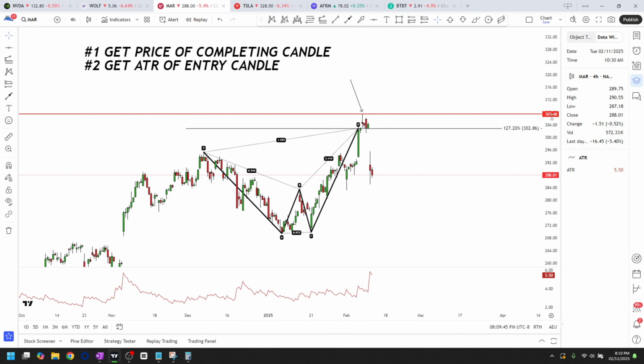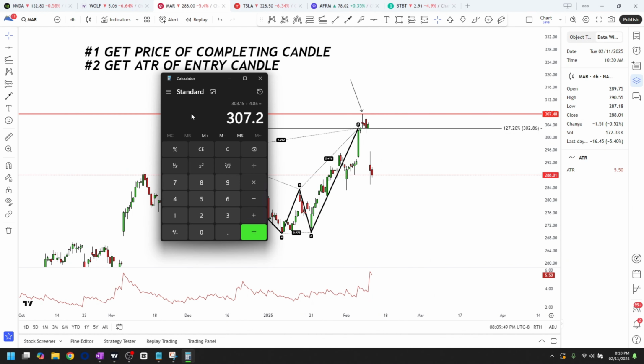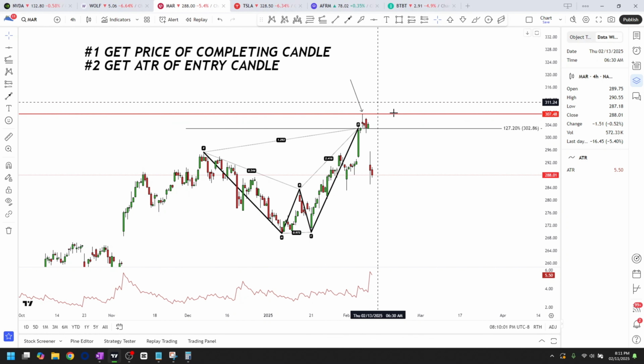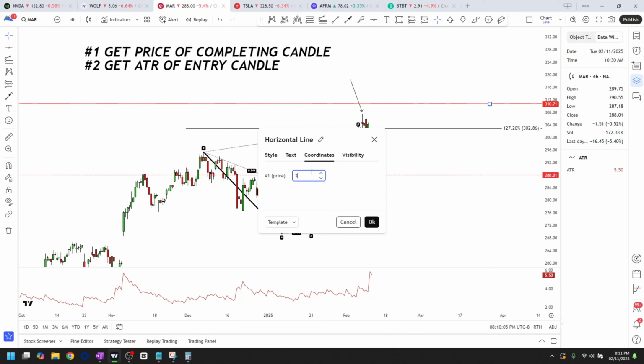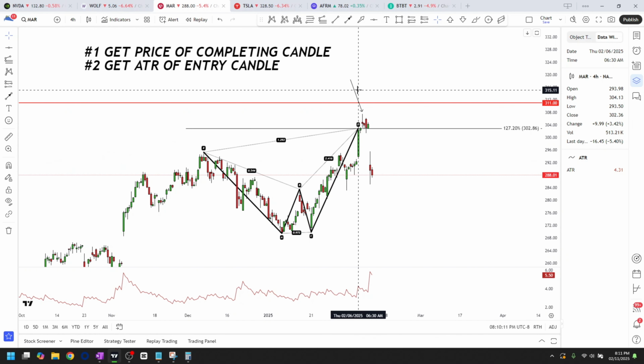Take it to 307 even, take the 48 cents off. Then 307 even plus 4.05 is 311.05, and making this line 311 even, it would have lived.